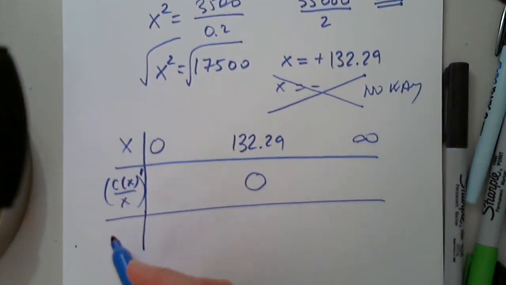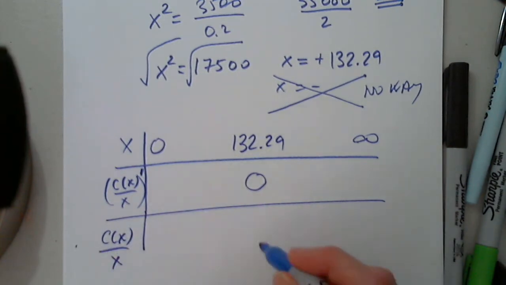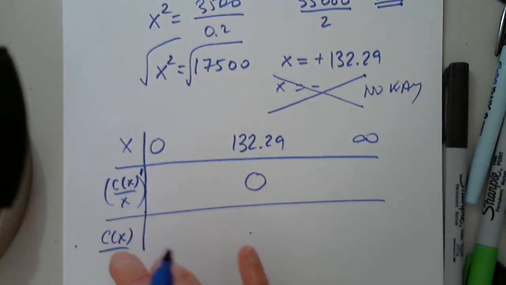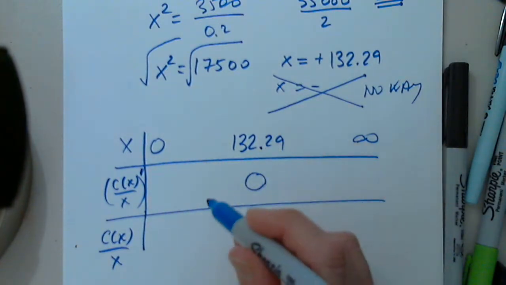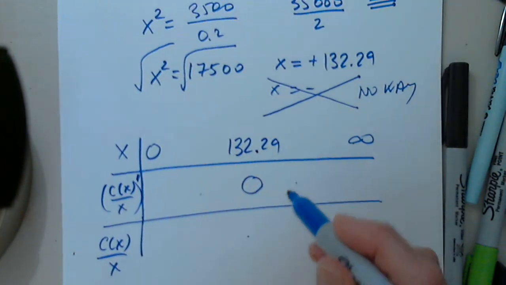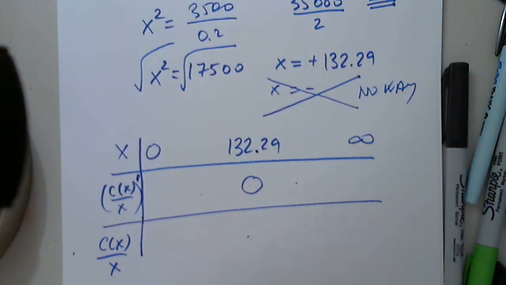They're also asking us to find this, which is the value of the function, the value of the average cost when this is the number of units produced. But I have to study the sign. And I saw in many cases in your work, and I'm just going to use a pencil so I can erase it quickly.